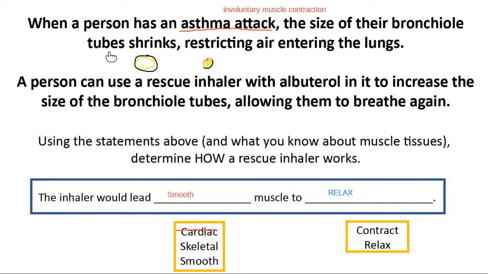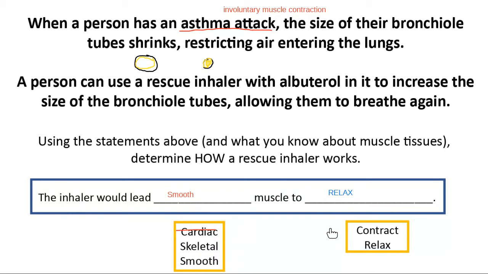Even if you don't know for sure where the bronchial tubes are, we could eliminate cardiac muscle as an option because cardiac's only in the heart. So I need to know the locations of my muscle tissue. Cardiac muscle tissue in the heart, skeletal muscle tissue attached to the skeleton, smooth muscle inside those tubes. That's the first thing we needed to know.